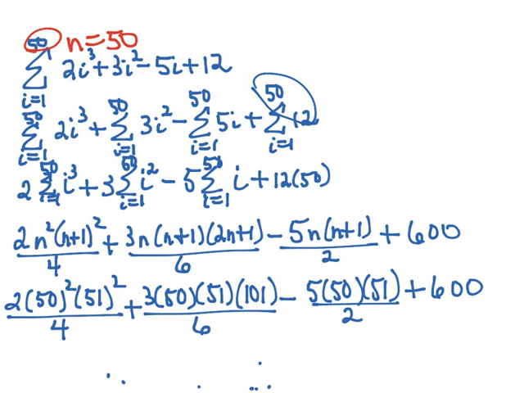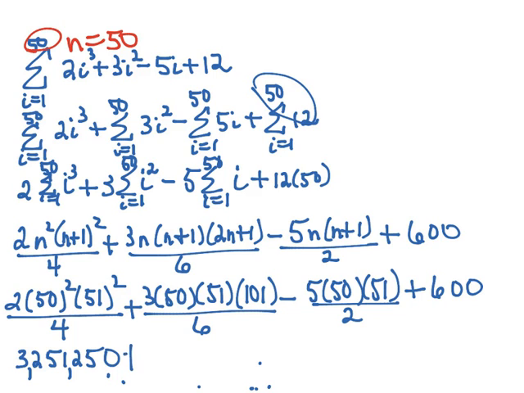So now we want to find each part of our equation and add those together. So 2 times 50 squared times 51 squared divided by 4 is 3,251,250.